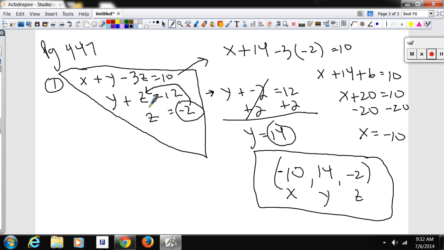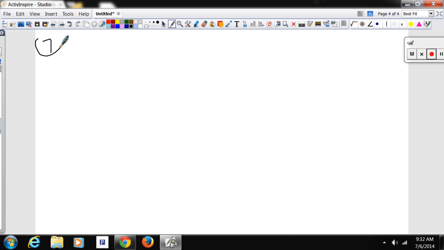7, they're not going to be in this format. So we need to do something a little different. Let me show you 7. Number 7, you got 2x minus y minus z equals 2.